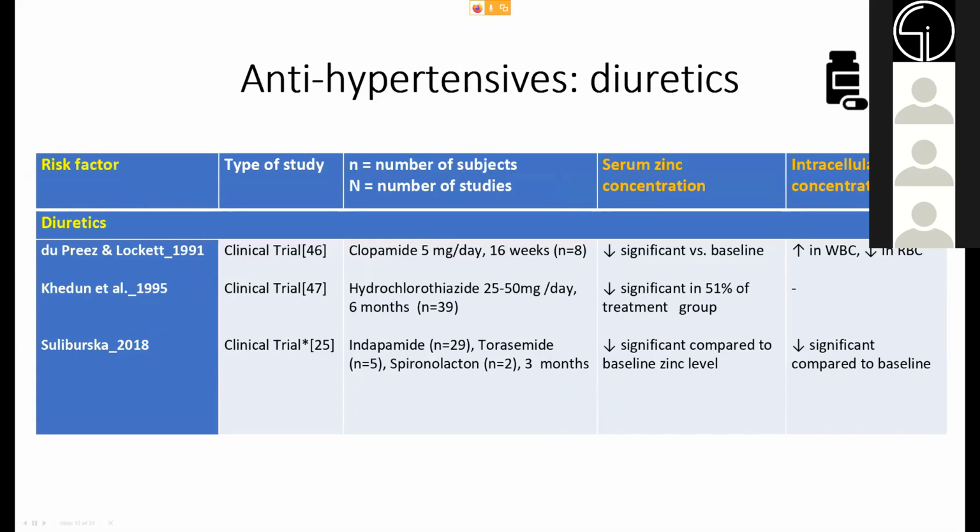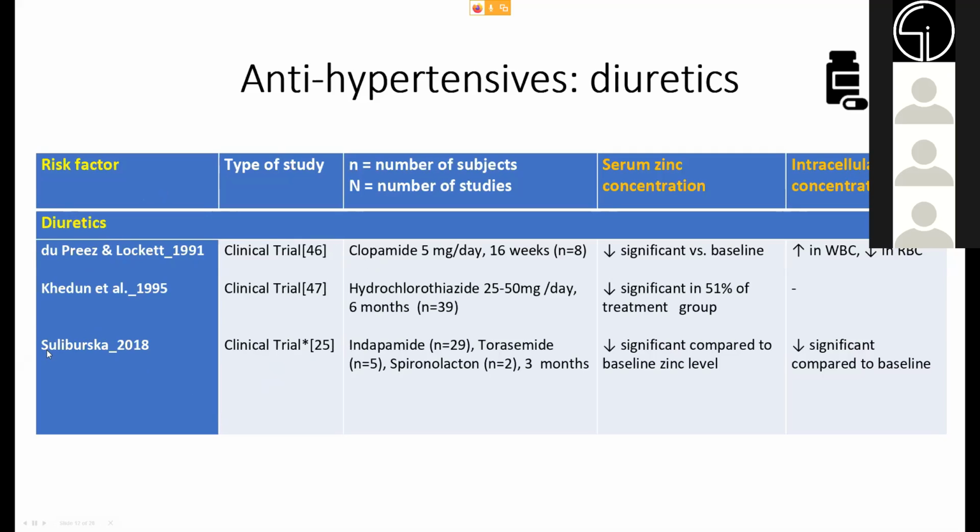Then there are different antihypertensives that also seem to reduce the serum zinc concentration. These are studies done on diuretics, and these thiazide-like diuretics significantly lower the serum zinc concentration or even the intracellular zinc concentration, although in white blood cells they can also increase zinc concentration, with clopamide.